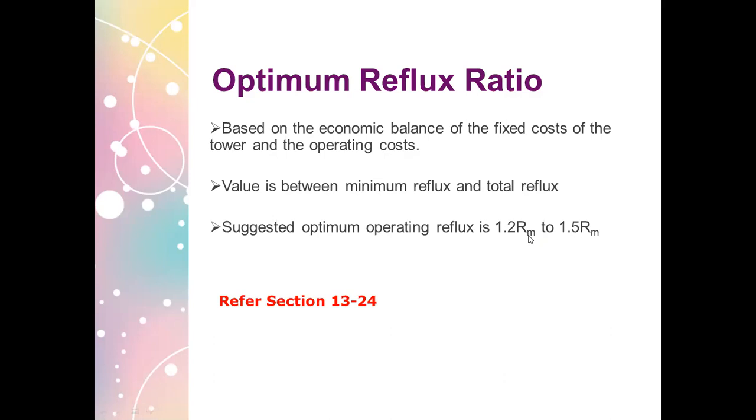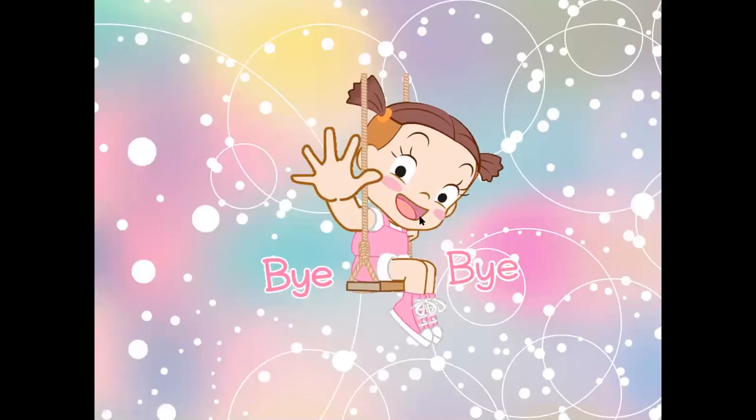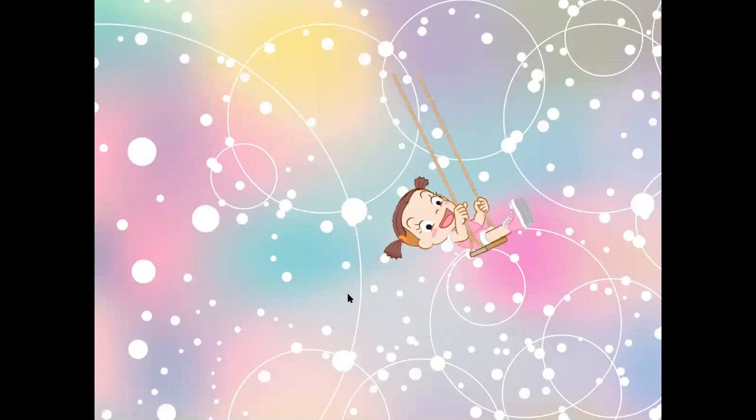In all your computations here, we use the maximum value of 50% more than the minimum. So in all your calculations, you will determine the optimum reflux ratio based on this formula: it's 1.5 times the minimum reflux ratio. Okay, that's the end of this slide.